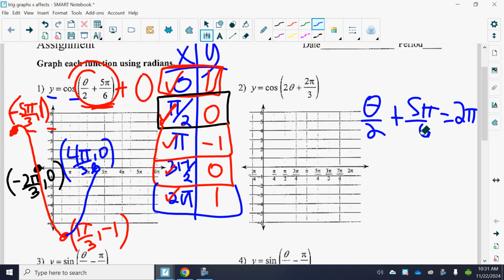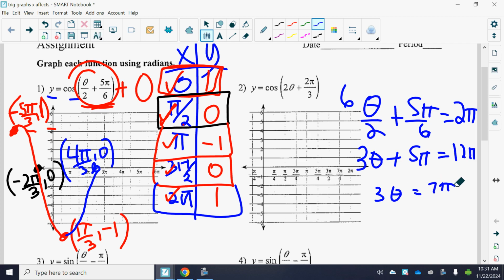I'll show you in a second. Let me finish. So I'm going to times everybody by 6. 3 theta plus 5 pi is now 12 pi. And we're going to get 7 pi over 3, huh? Just did. Because it's the cosine wave, over and over and over again, by solving for it.